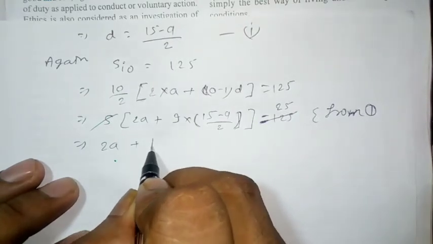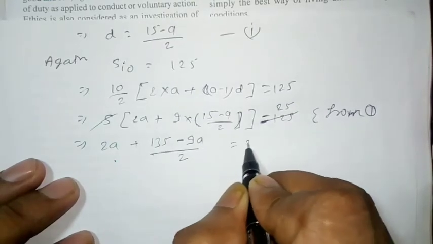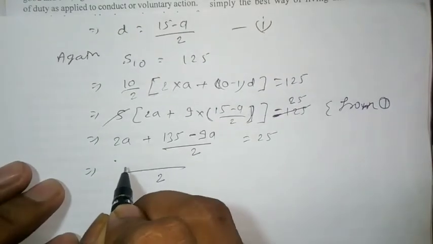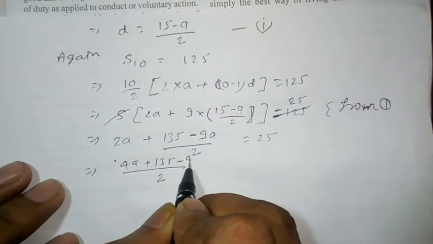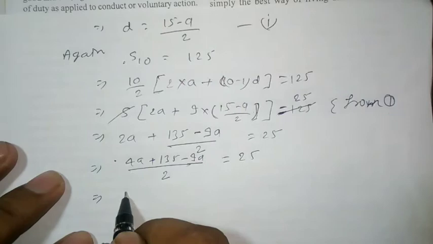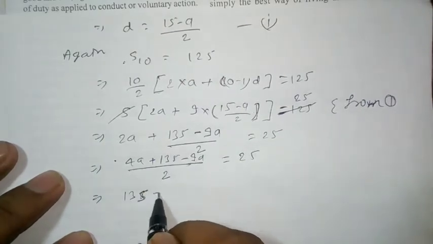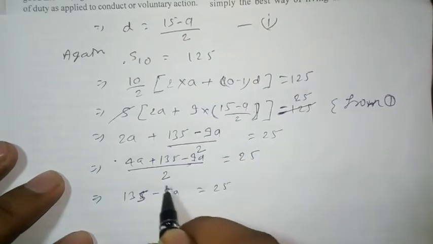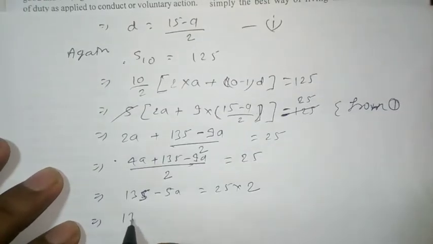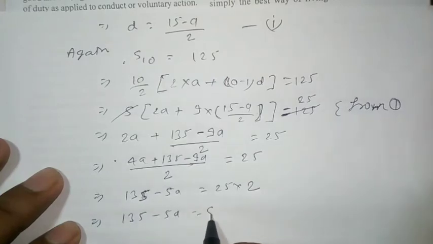Implies LCM is 2: 4a plus 135 minus 9a is equal to 50. Implies 135 minus 5a is equal to 50. 2 goes to the other side and multiplies, 25 into 2 is 50.